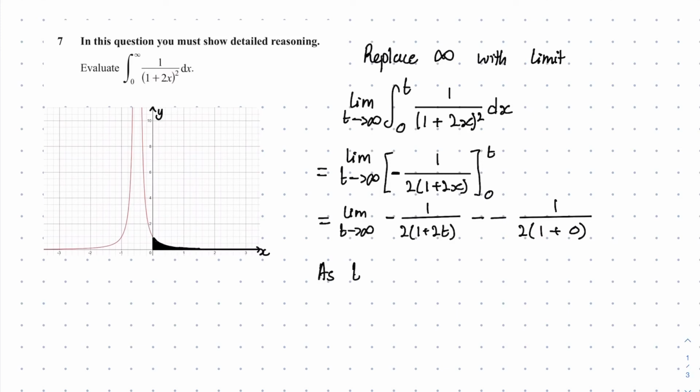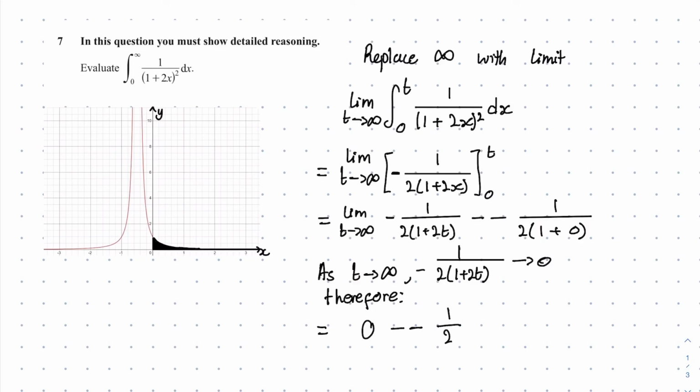As t tends to infinity, the term of minus 1 over 2, and then in brackets 1 plus 2t, tends to 0. So in the next part we can remove that part of the equation. Therefore, 0, take away the negative of 1/2 is of course equal to positive 1/2.